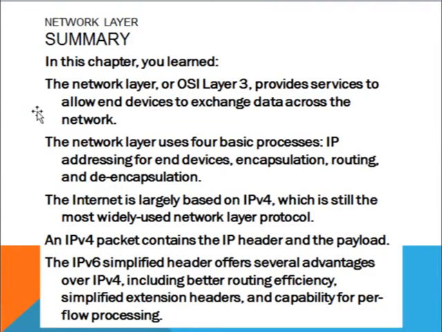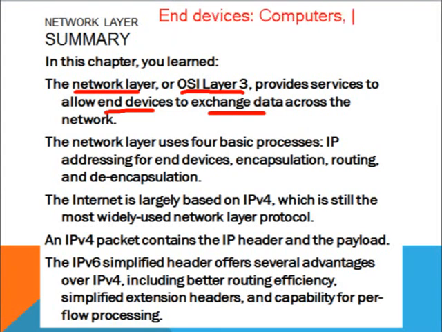So in short, you have actually looked at the OSI layer 3, the network layer, that it can provide the data exchange between the end devices. To recap, the end devices refer to your different computers or your PDAs and so on.